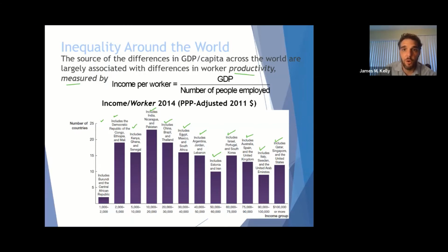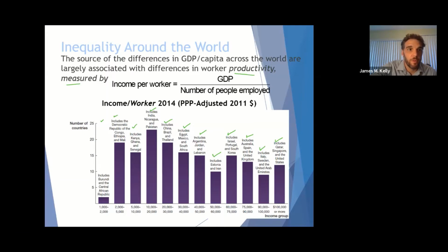Okay, so what we're getting at is that there's a pretty strong, we'll call it an association. We won't make it causal just yet, but a strong association between productivity and real GDP per person. So essentially, countries that are more productive with their inputs are going to have higher standards of living, which should make sense.